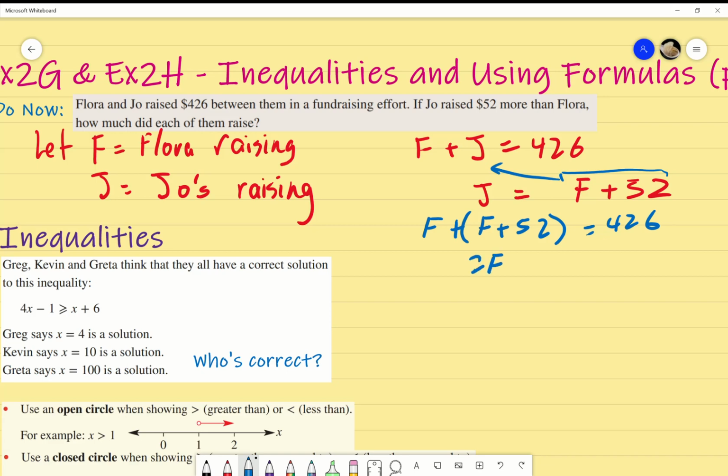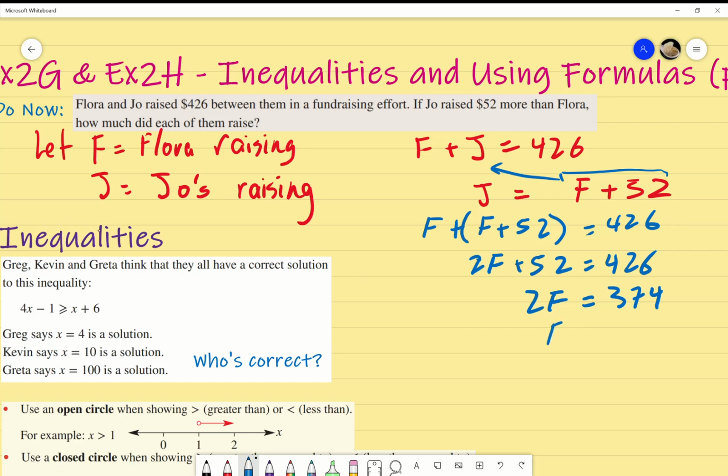That means 2F plus 52 equals 426. And then if I minus 52 on both sides, we end up with 2F equals 374.